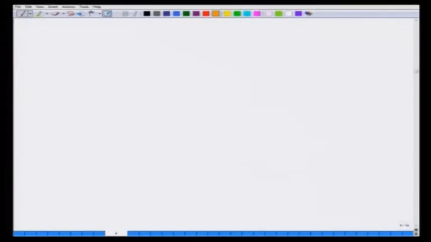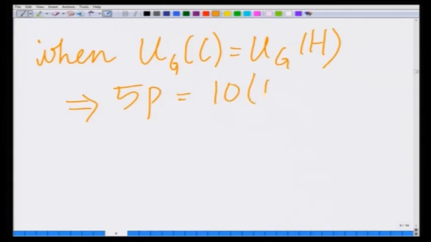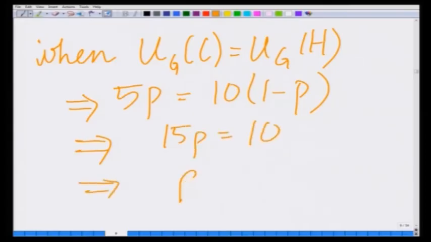An interesting thing happens when the payoff from cricket and Harry Potter are equal. When UG of C, that is the payoff to the girl from cricket, is equal to the payoff to the girl from the Harry Potter movie, implies 5 times p equals 10 times 1 minus p, implies 15p equals 10, implies p equals 2 by 3.